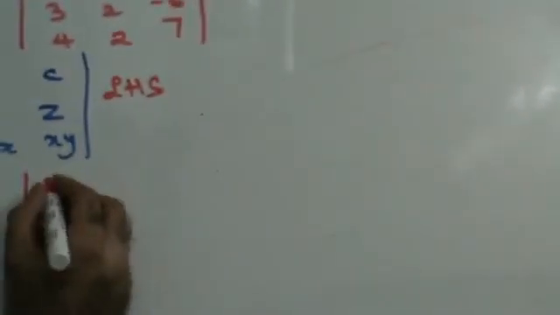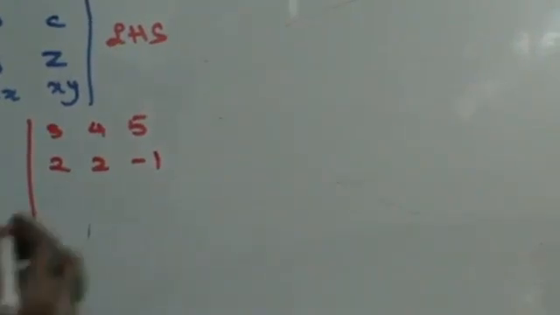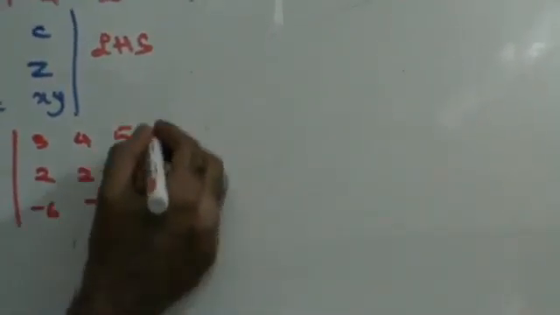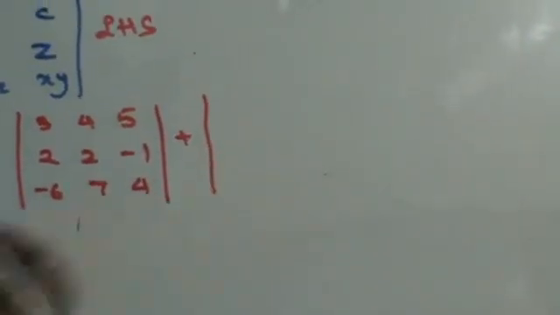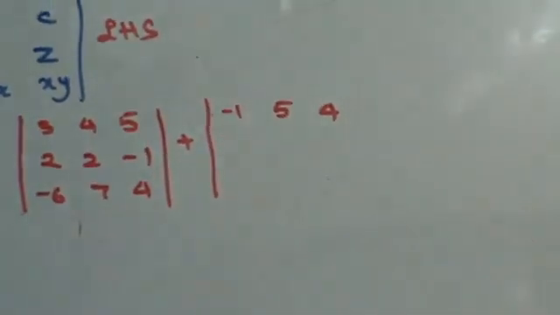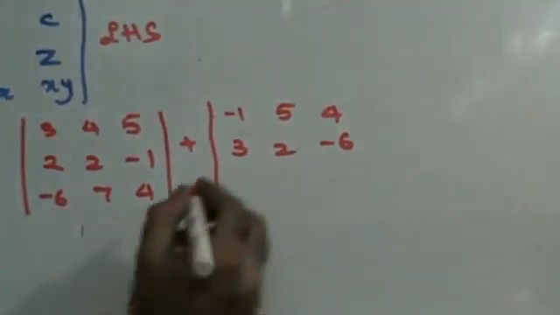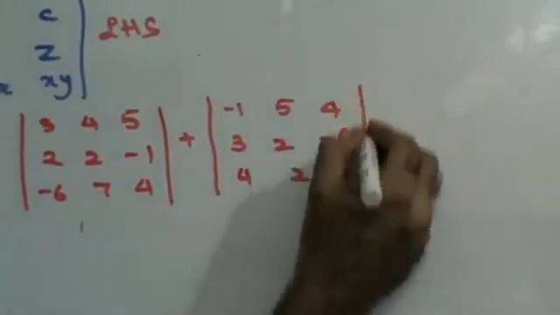LHS is given to you as 3 4 5, 2 2 minus 1, minus 6 7 4, plus minus 1 5 4, 3 2 minus 6, and 4 2 7. Right?